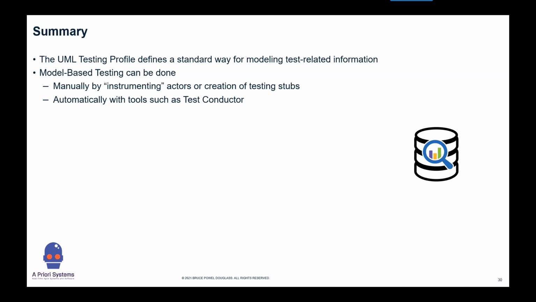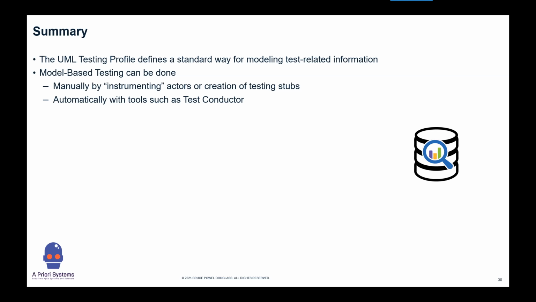For larger scale systems, I really like the automation provided by the Test Conductor tool. That's a really nice feature. It helps create my test architectures, assists with the creation of the test cases and the execution, and gives me model coverage. I really enjoy that for larger scale systems.